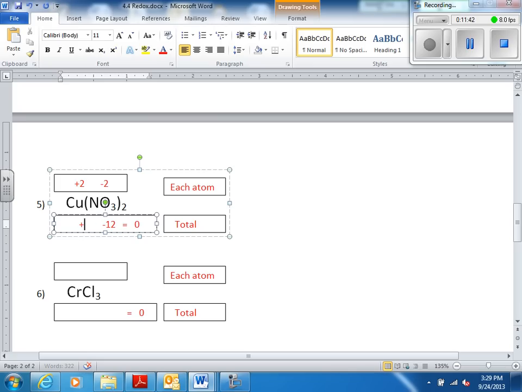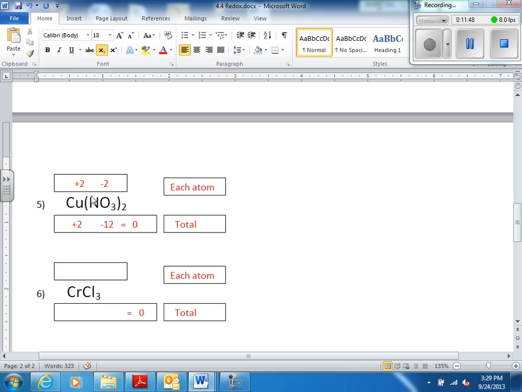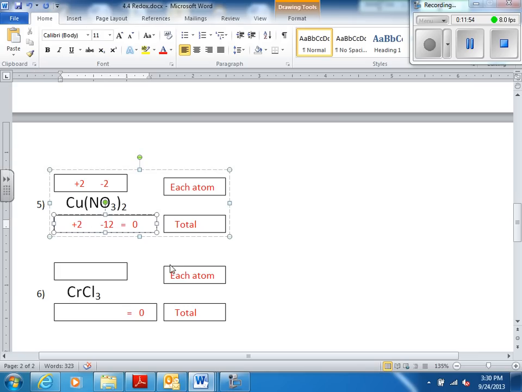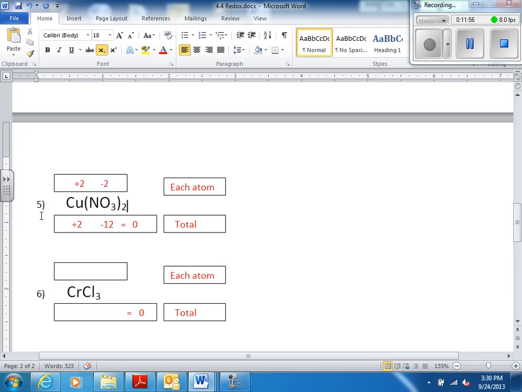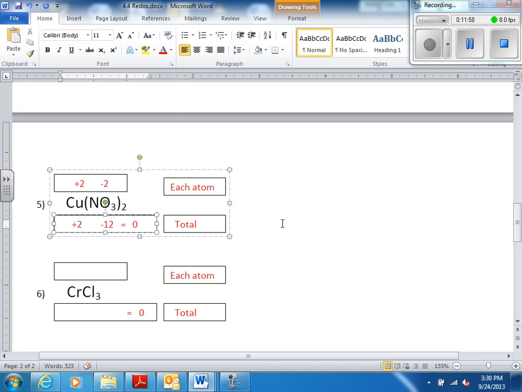So the total in the copper is just +2. And the total on this whole thing has to add up to 0. So what does the N have to be? This total has to add up to 0. The total for the N has to be 10. Oops, that's not a 10. Move that over a little bit.